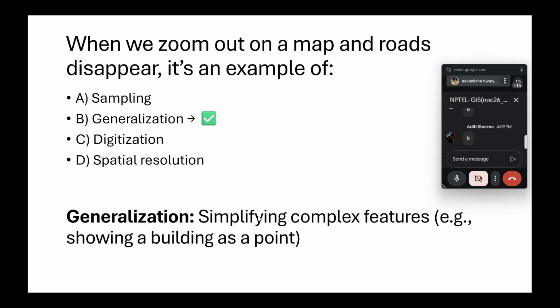That is called generalization. It is basically simplifying complex features. Like it will show a building as a point. Sometimes if you zoom out a lot, it will not show the building at all, because at that scale that particular building is not significant.